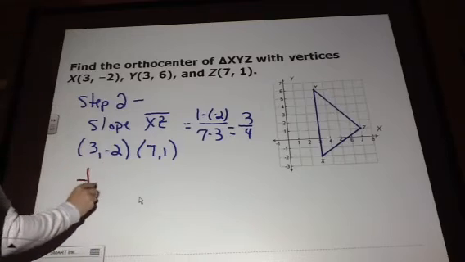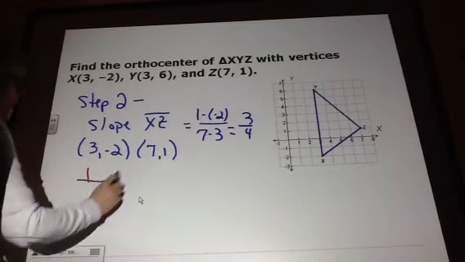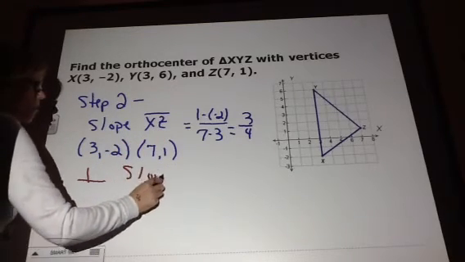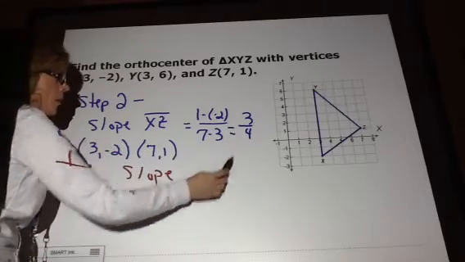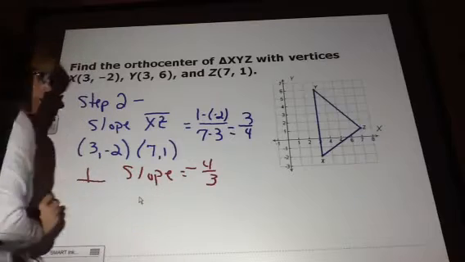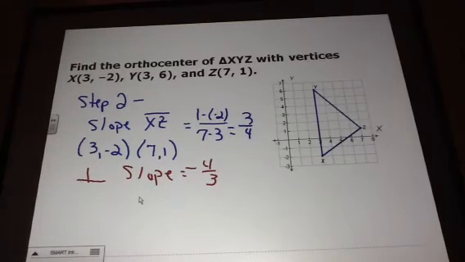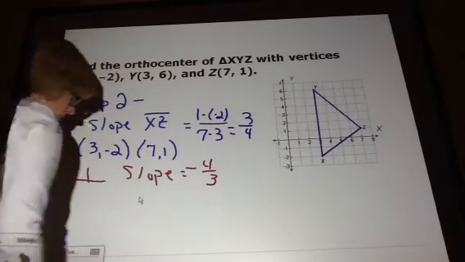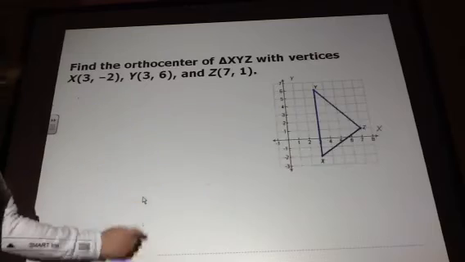So the line that is perpendicular to XZ is going to have a slope that is the opposite reciprocal. Now I'm going to erase so we can do step 3.